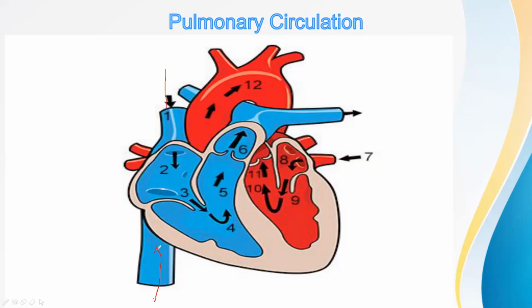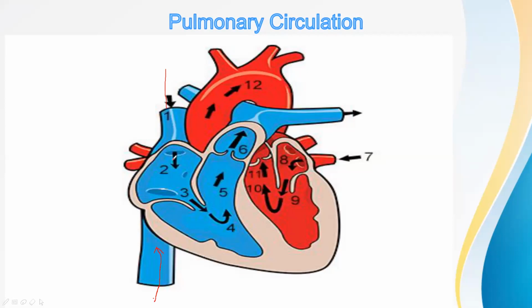This blood vessel we call as the inferior vena cava, and this blood vessel we call as superior vena cava. By this superior vena cava and inferior vena cava, oxygen poor blood enters into the first chamber of the heart. So this is the right atrium.